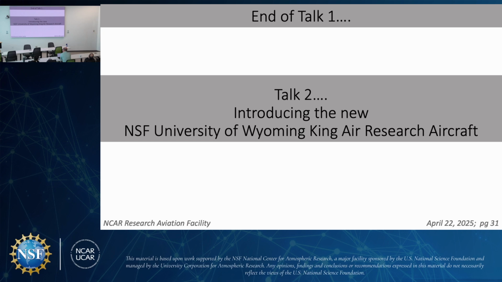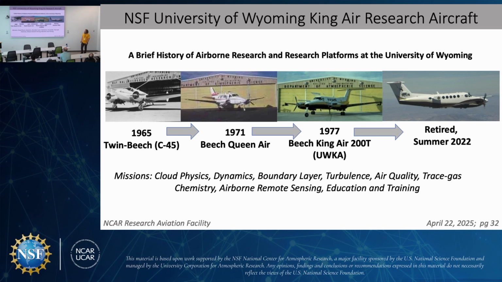So I'm going to spend about 10 or 15 minutes just introducing the new NSF University of Wyoming King Air research aircraft. And a very brief history. For those of you who don't know, the University of Wyoming has been operating atmospheric research aircraft since 1965.